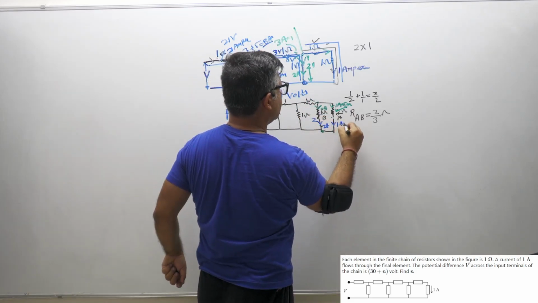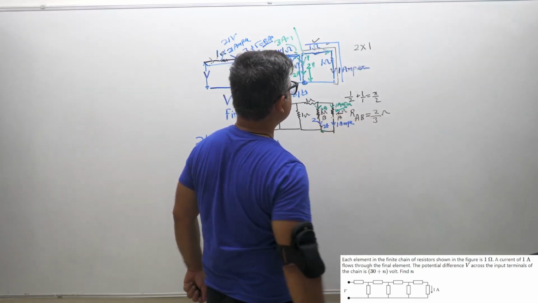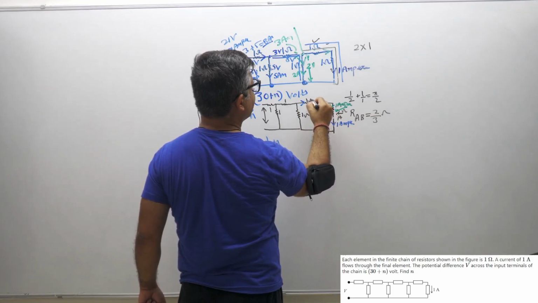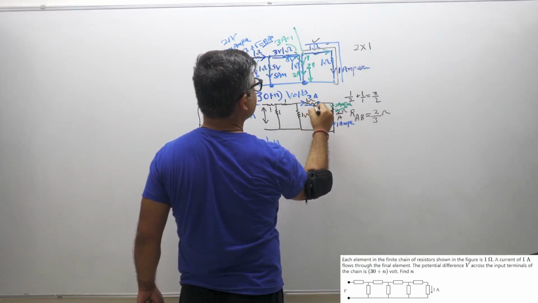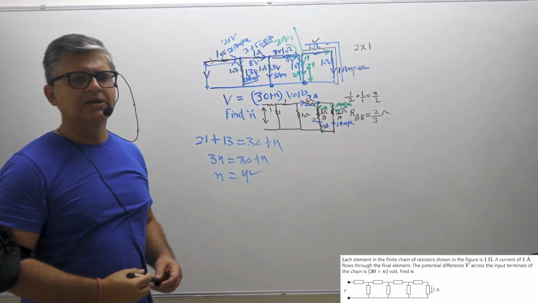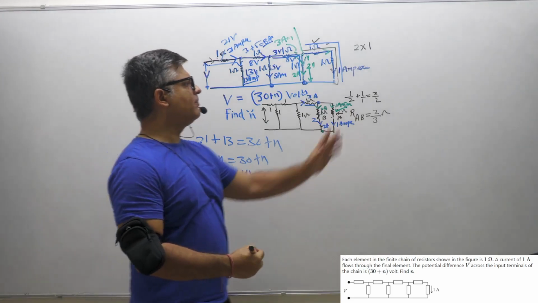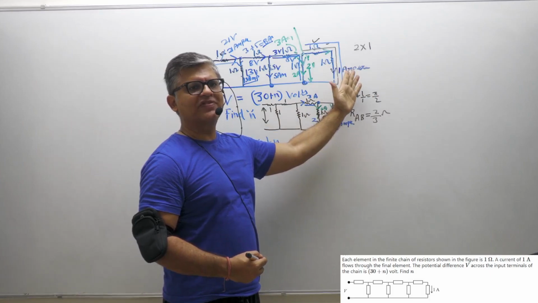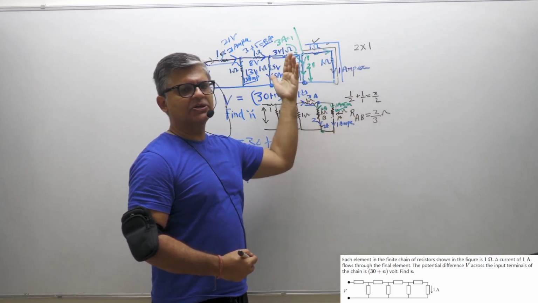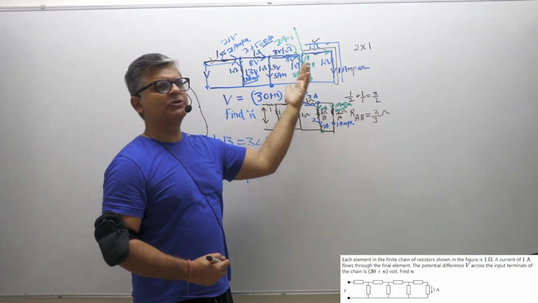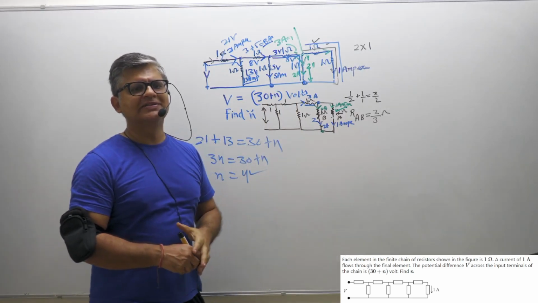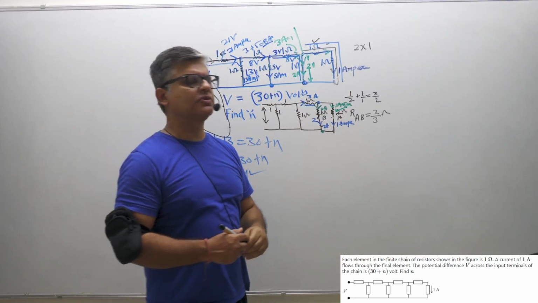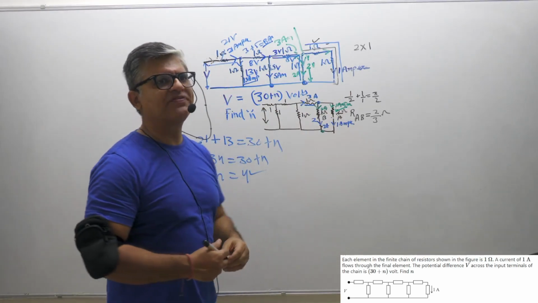This is 1 ampere, which means the total current as per Kirchhoff's current law entering here is 3 amperes in this branch. So I have taken an approach from this side. I was first taking the equivalent combination of resistance approach, but then I decided to use my knowledge of how the potential spreads across series and parallel resistors, and then of course I used another concept which is Kirchhoff's current law.